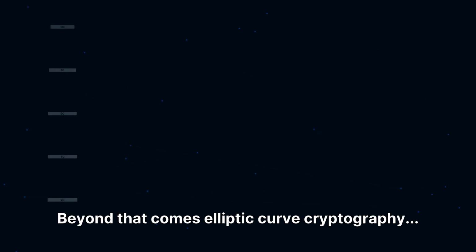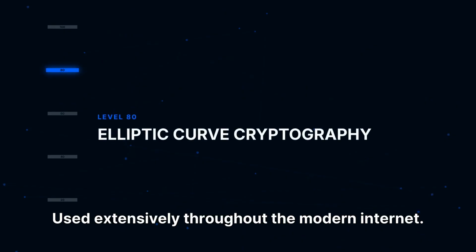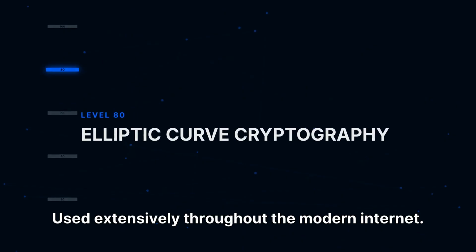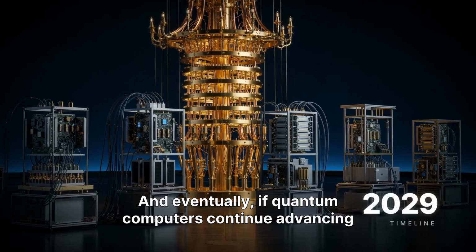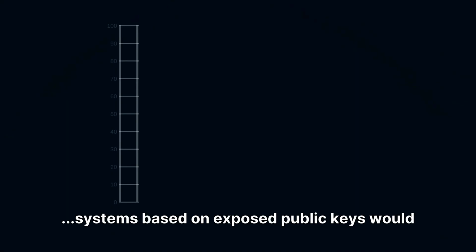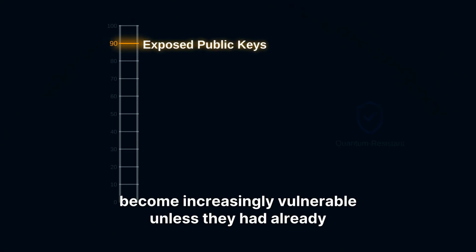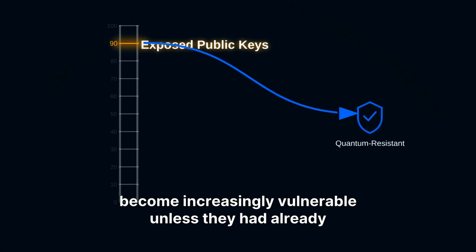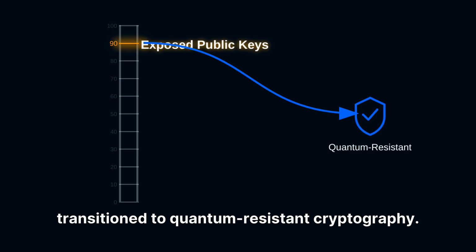Beyond that comes elliptic curve cryptography, used extensively throughout the modern internet. And eventually, if quantum computers continue advancing over many years, systems based on exposed public keys would become increasingly vulnerable unless they had already transitioned to quantum-resistant cryptography.